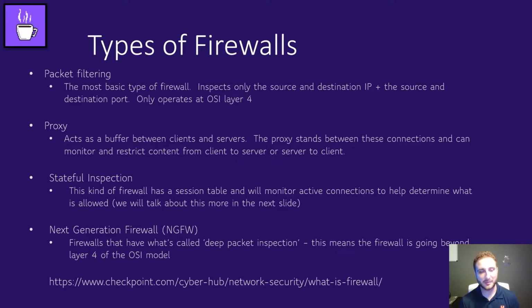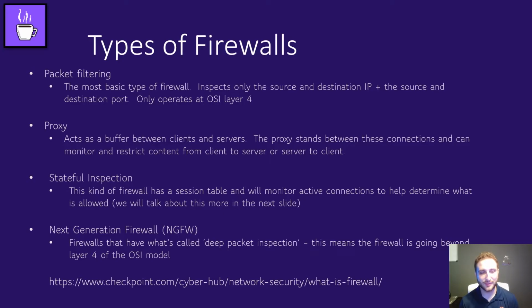The next type of firewall we have would be like a proxy firewall. And even these terms and types of firewalls can kind of blend together. But in essence, a proxy firewall would act as kind of like a buffer between clients and servers. It stands between the connections, and it can monitor and restrict content. And that's kind of it in its most basic form.